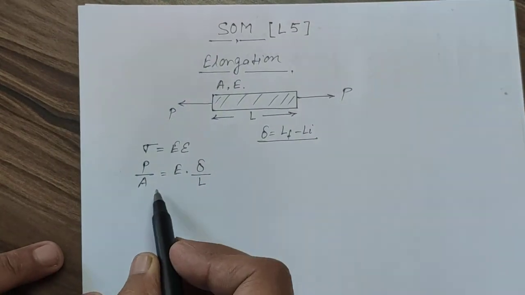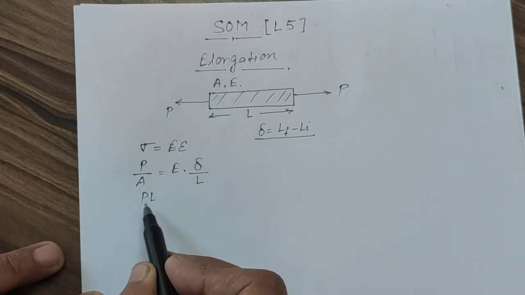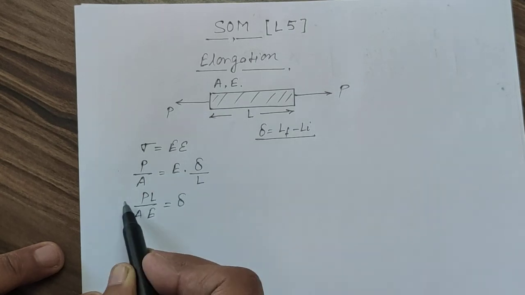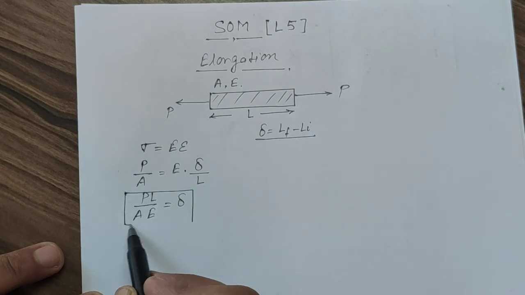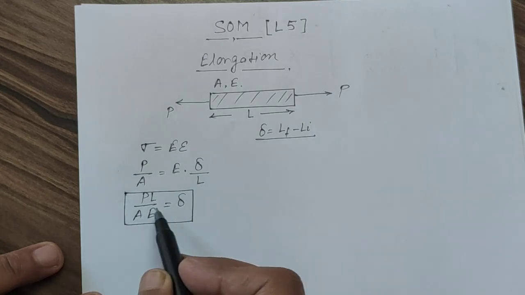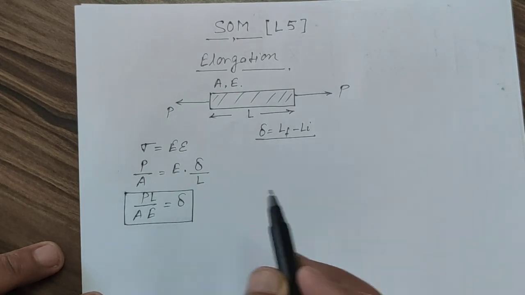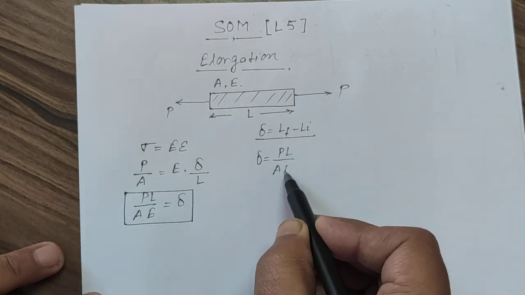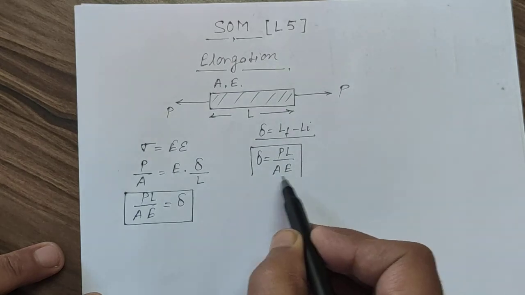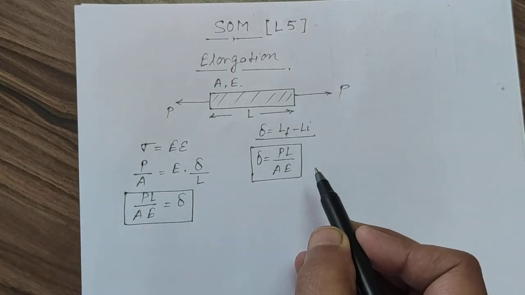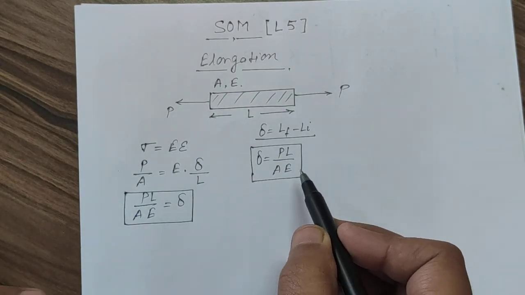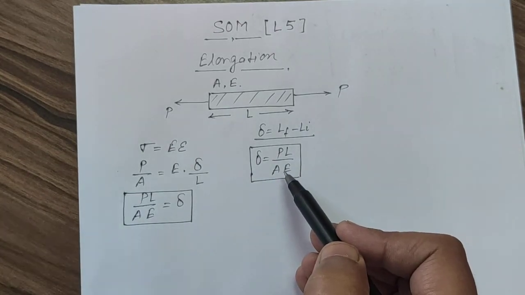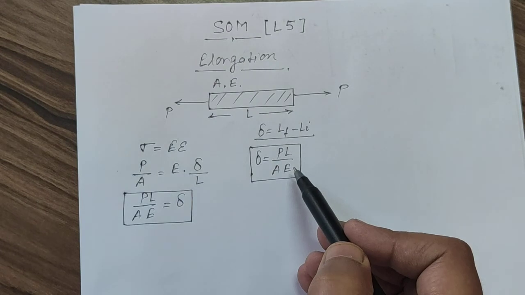So we can calculate P into L divided by AE equal to the value of del. Del is the change in the length, which means the elongation. So del is equal to PL divided by AE, where P is the applied load, L is the original length of the member, A the cross sectional area, and E the material property.